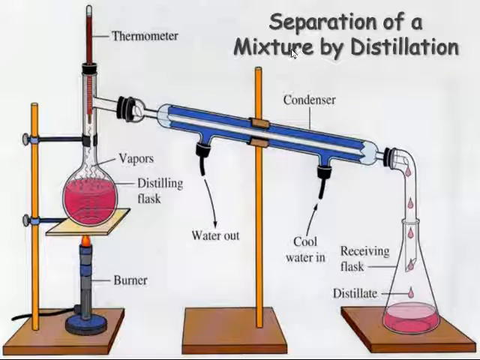We can separate things by distillation. If you've seen things on bottles like 3 times distilled or something like that, this is the process of distillation. And distillation works because different substances within this substance vaporize, or turn into gas, at different temperatures.